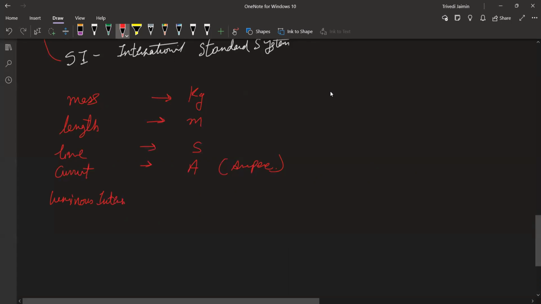Luminous intensity: candela, CD. And the last one, amount of substance, is moles.